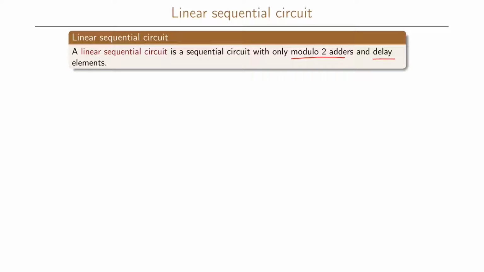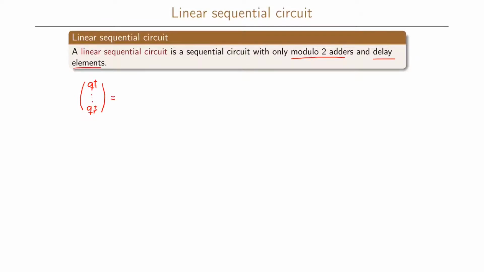And since we can write our next state functions q plus as a linear function in the current state and the input, it means that we can write our q variables like this. So we have r q variables for the next state.